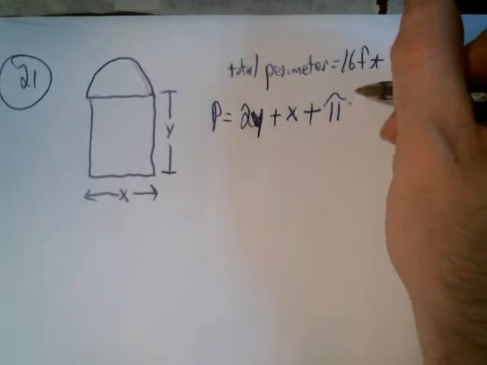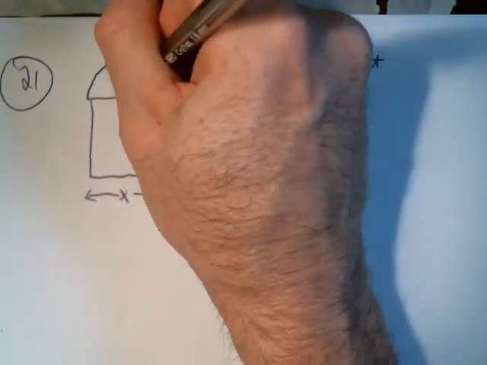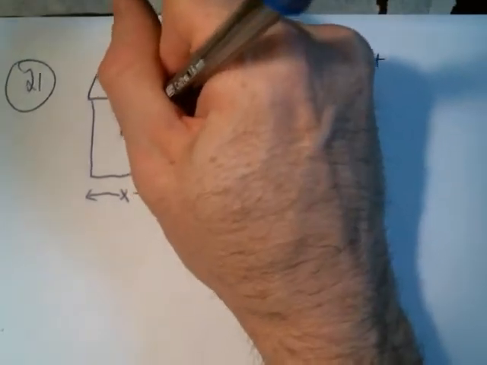We need to note the radius, from here to here, is just going to be half of x, so x over 2.